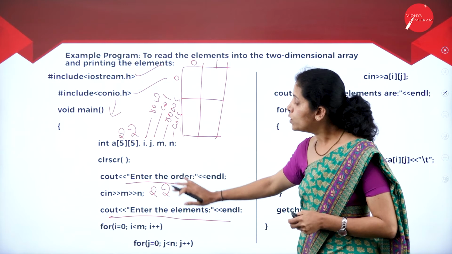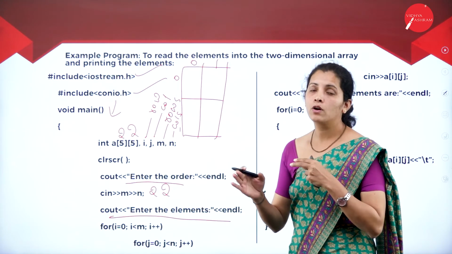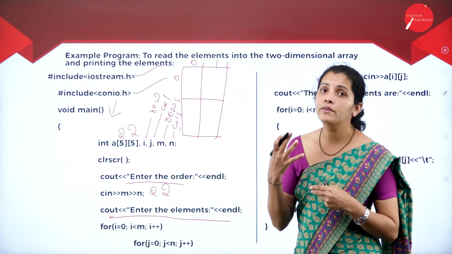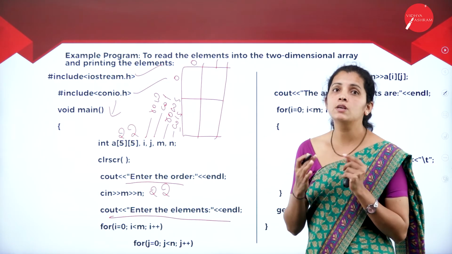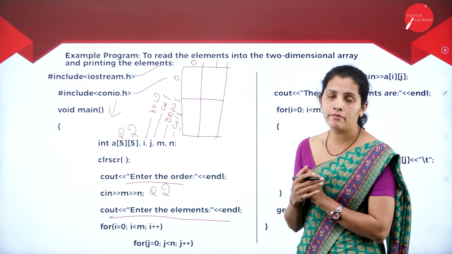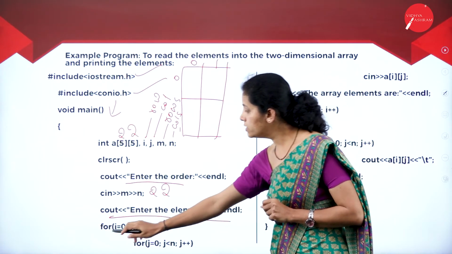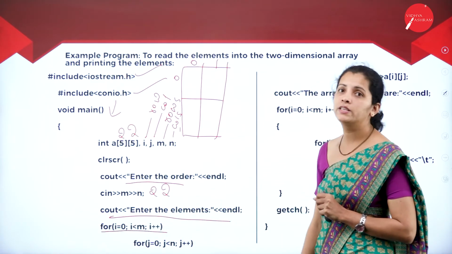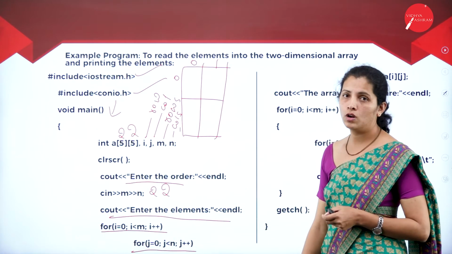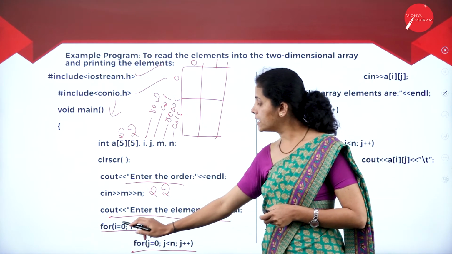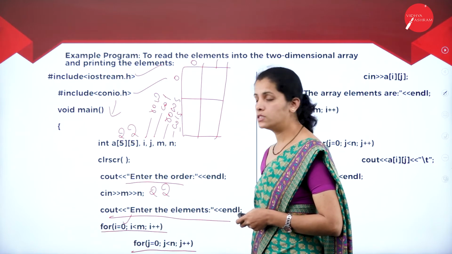Now I want to use the for loop because I'm going to read 4 different values and store them under different rows and different columns. The first for loop is for my row and the second for loop is for my column, and the index always starts from 0.